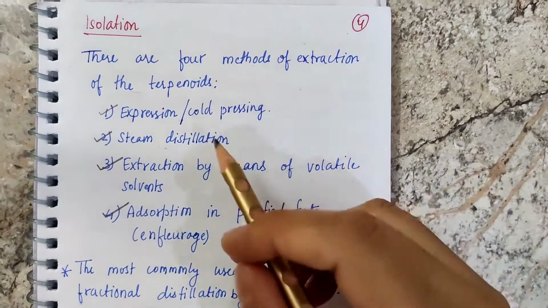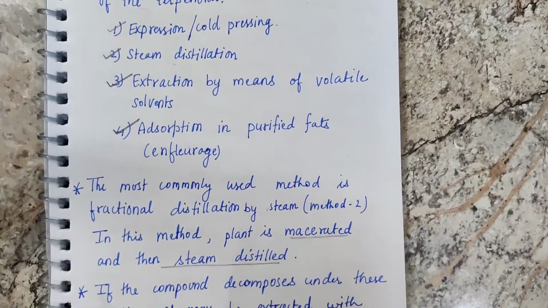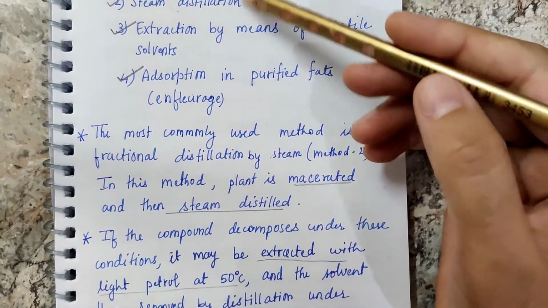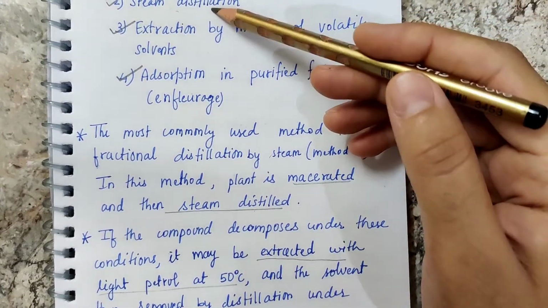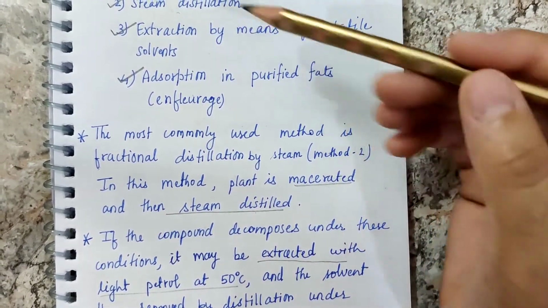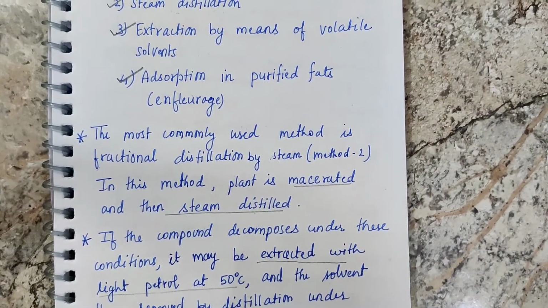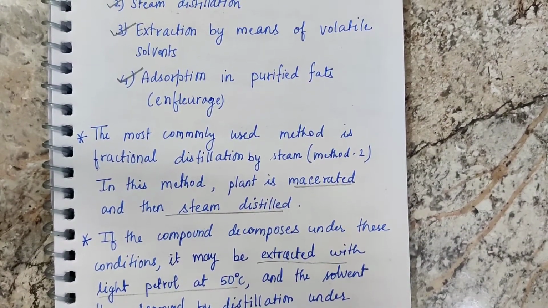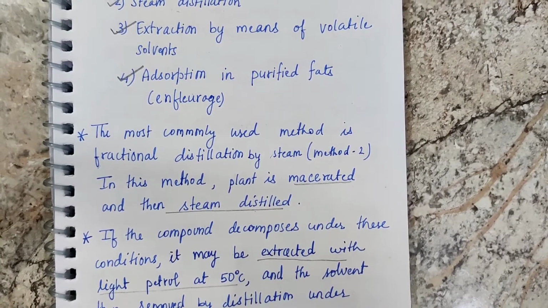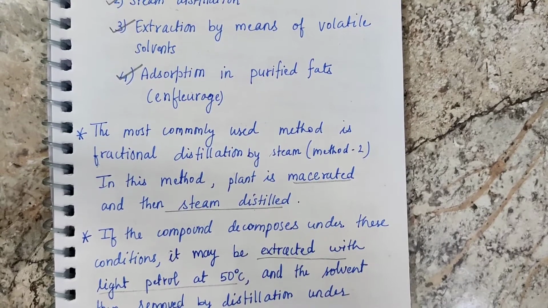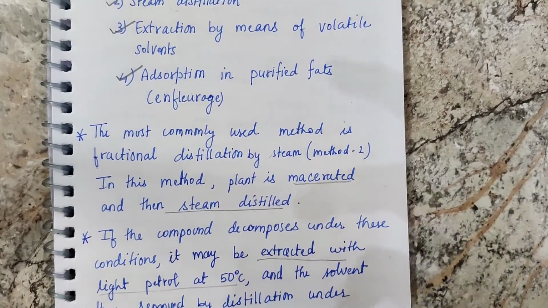Without anything, you just press it and you obtain the extract. That is called expression. So the very simple method is expression, but the most commonly used method is fractional distillation using steam. That means steam distillation. What happens in this? The source, or you can say the plant, is macerated. After that, it is steam distilled.